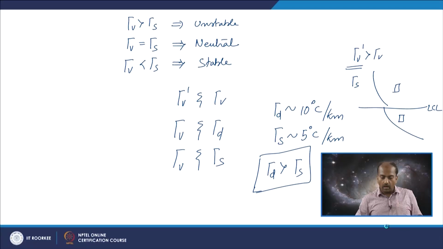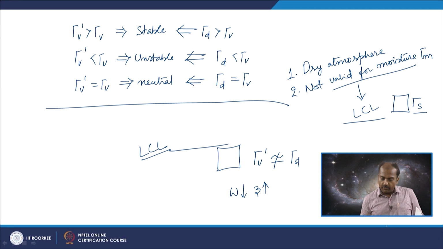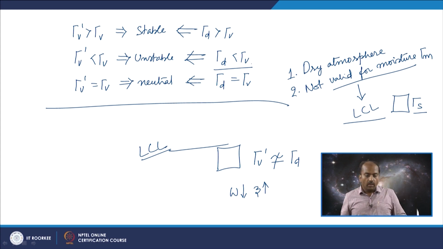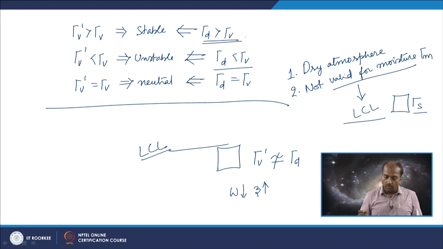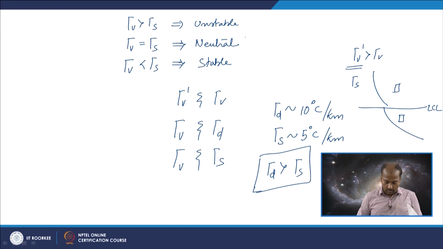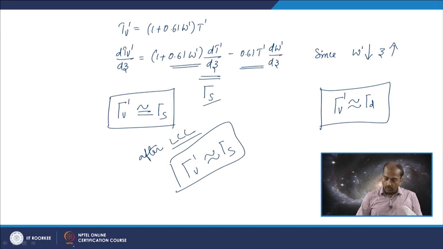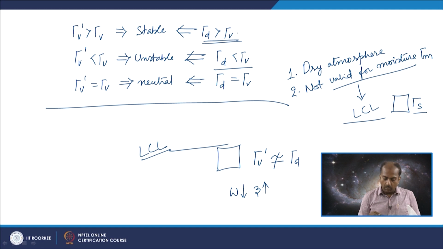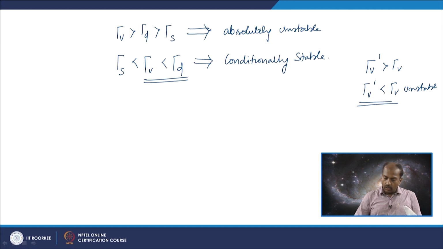Let us go back: if gamma v is less than gamma d, this was stable, right. So, this is stable for an unsaturated parcel.